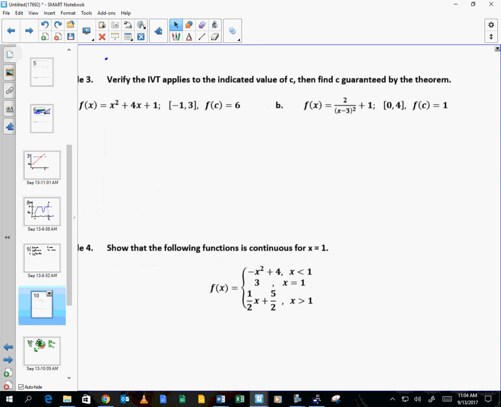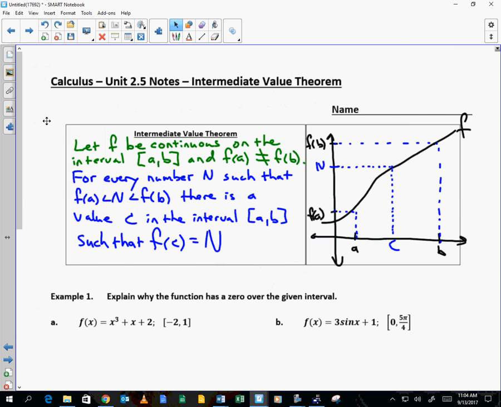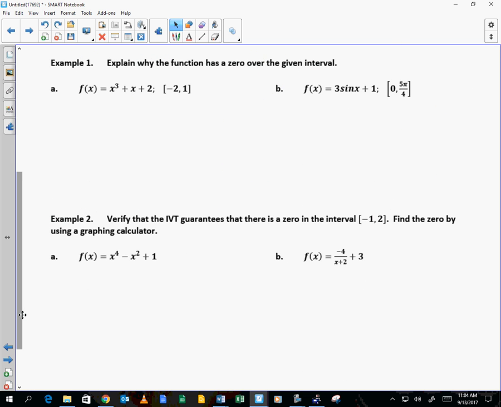Let's see some good application of the IVT. Let's look at this. It says, explain why the function has a 0 over the given interval. What does it mean for a function to have a 0?